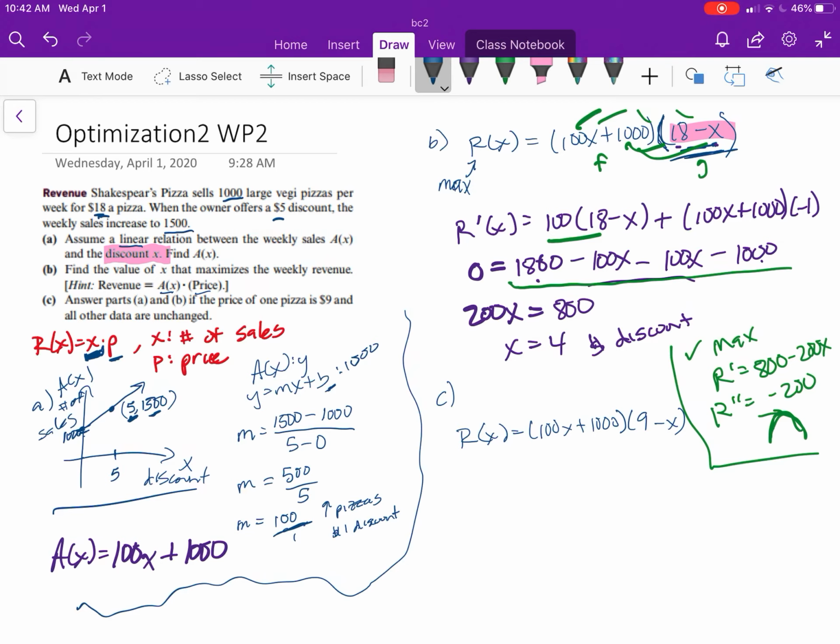Okay. So now when we do the derivative, we're going to get the same thing except for 100 times 9 minus x, plus the rest will be the same.